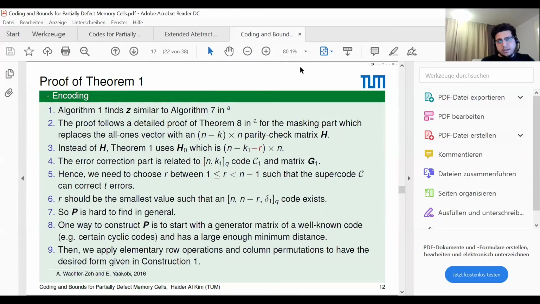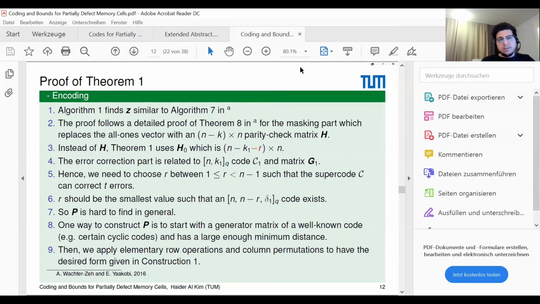So here we need to choose R between 1 and n minus 1, such that the supercode C can correct T errors. And as I explained, this is not very easy to find. So R should be the smallest value such that an n, n minus R, delta 1 q code exists. Or here maybe we could say D1 exists.